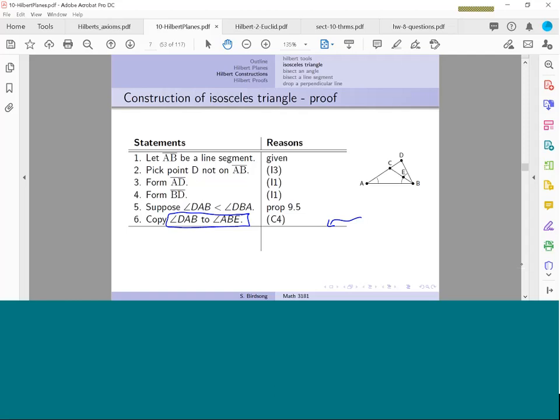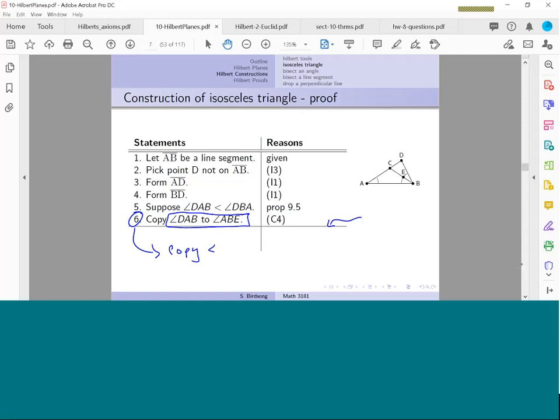But notice, if you say copy, the reasons are just construction steps. Or if you prefer, you could have rewritten statement 6 to say copy angle. Actually, the normal way that you write statement 6 is this way, and I just did a shortcut to try to fit it on one line. I am now regretting that.